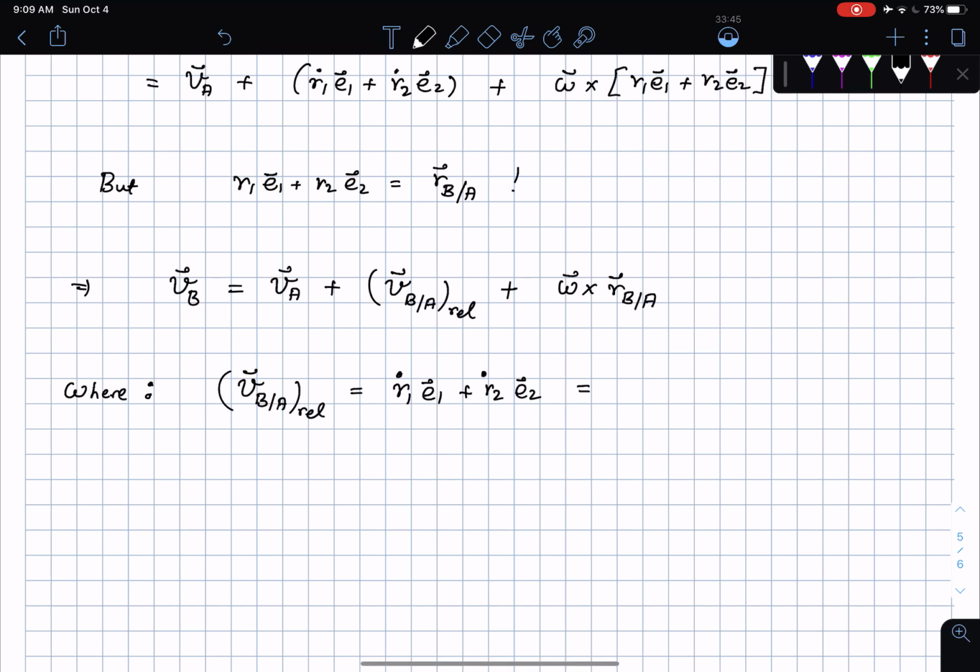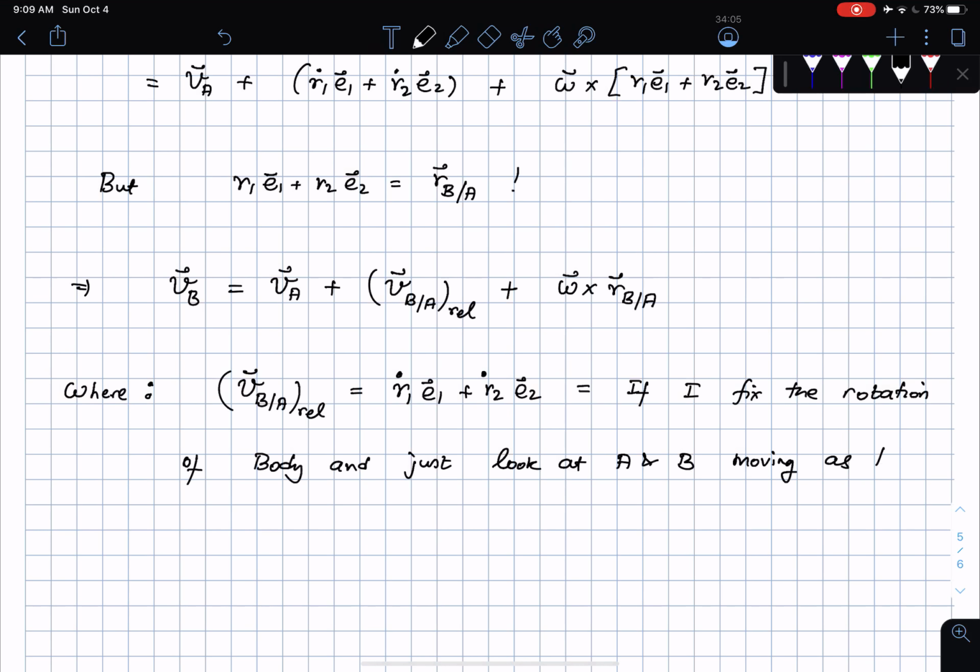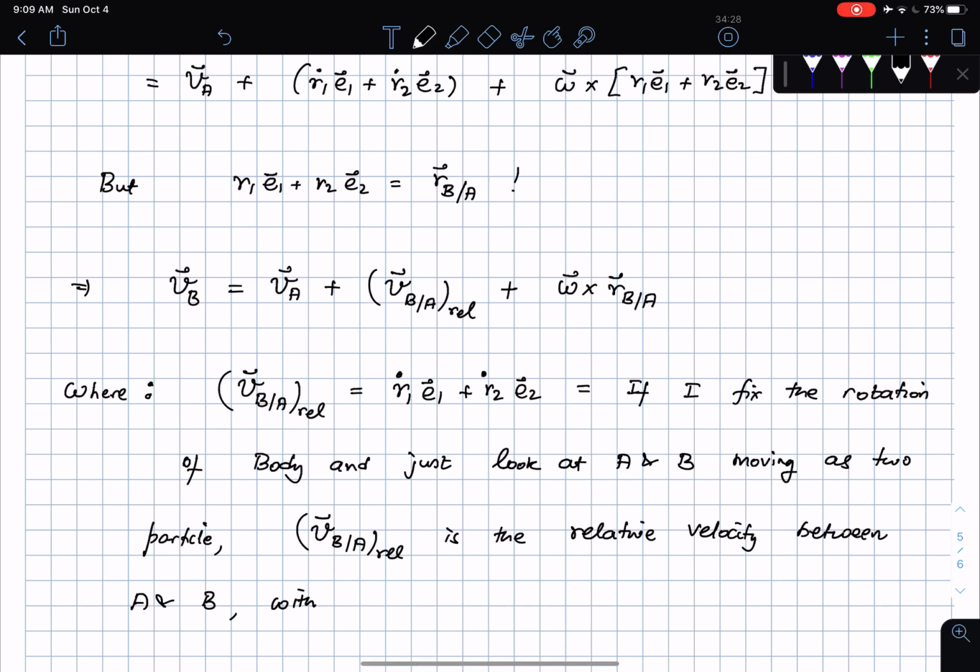Okay, so this tells me that if I fix the rotation of the body and just look at A and B moving as two particles, VB slash A relative is the relative velocity between A and B, with A on a non-rotating body.